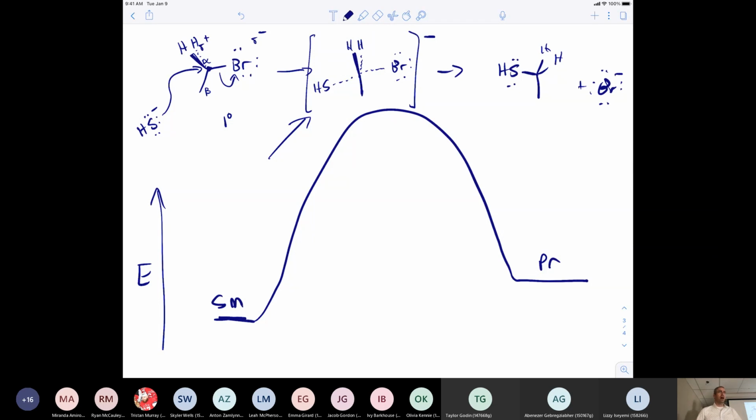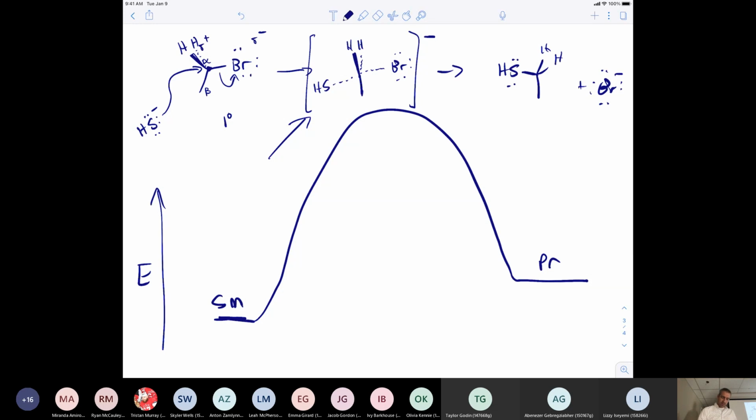Transition state is like a highly strained, super unstable molecule. It's the high energy point of a chemical step, and it's a molecule where bonds are partly being formed and partly being broken all at the same time. That's what these dotted lines are supposed to represent, that is sort of like half a bond maybe. And the sulfur carbon bond is starting to form, the carbon bromine bond is starting to break. One forms as the other breaks, so they come in, one enters and one leaves all at the same time.